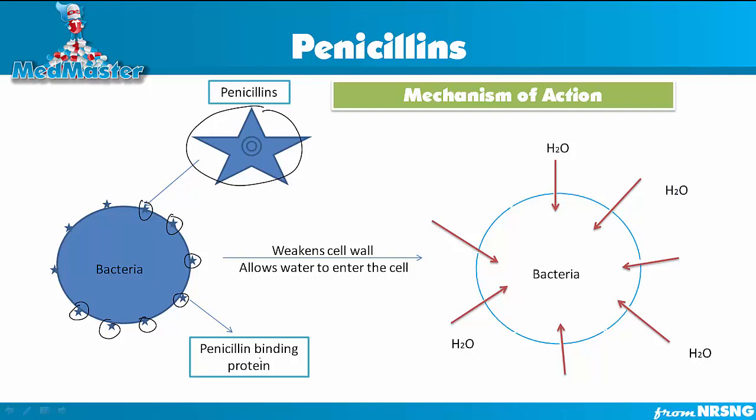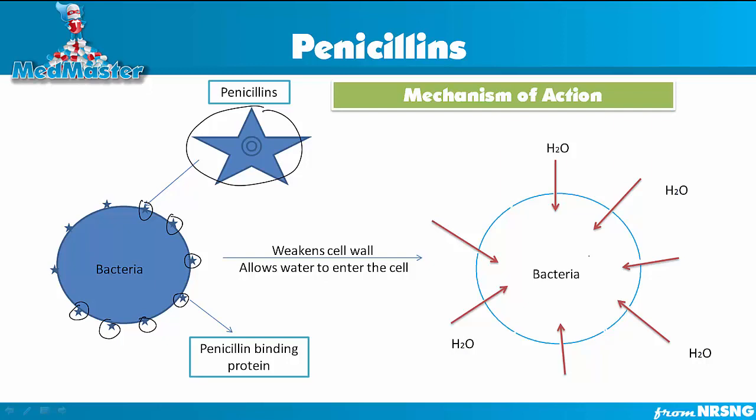When it weakens the cell wall, all the water goes into the bacteria and destroys the bacteria, basically destroying the DNA, RNA, and all sorts of things. That's the mechanism of action of penicillin killing bacteria.